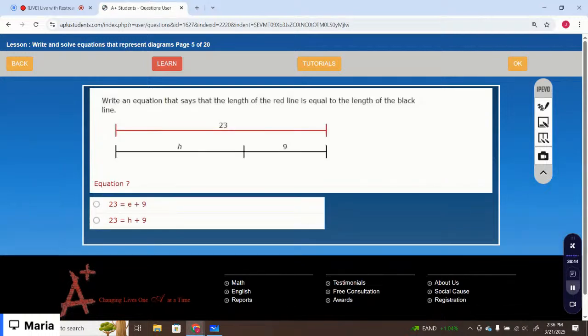Write an equation that says the length of the red line is equal to the length of the black line. So h plus 9 equals 23.